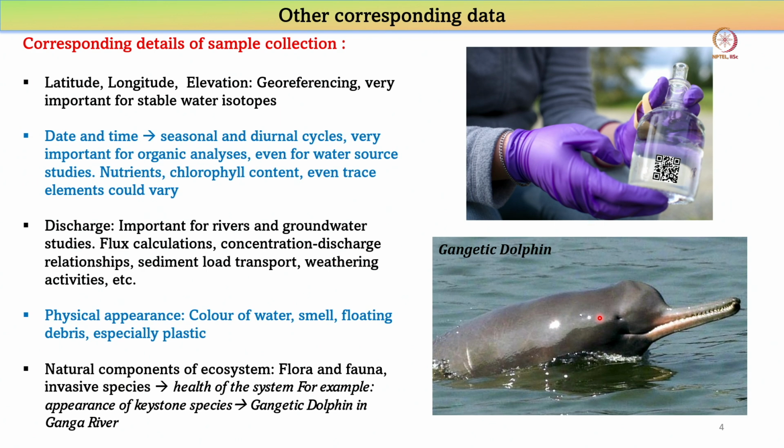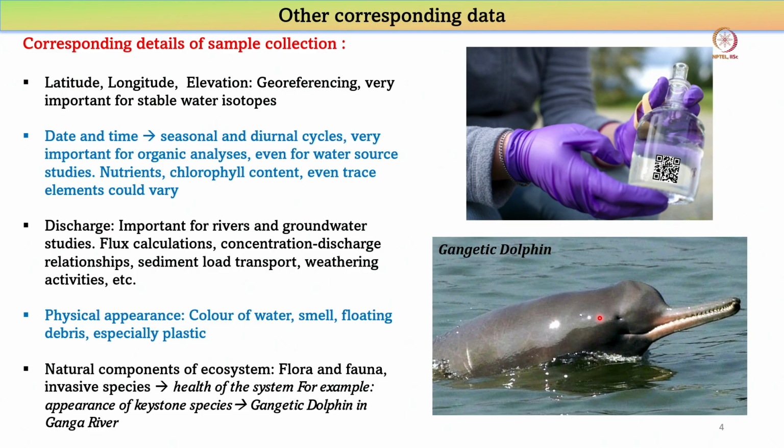Okay, again, for sediment transport, how much sediment is getting transported depends on the carrying capacity of the river. So whether the river is at high flow stage or at low flow stage, whether the river has the capacity to carry that much sediment, that is understood from the discharge value.